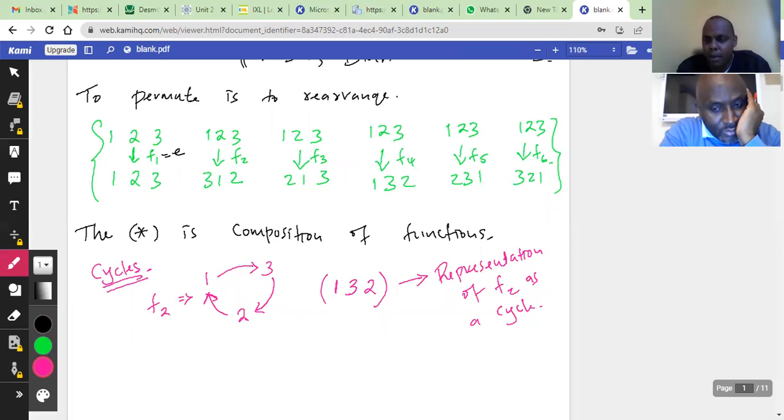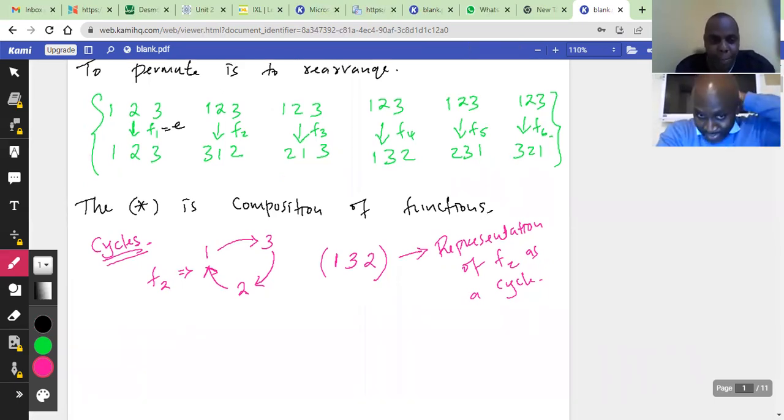Can you think of it this way? Think of this cycle 3, 2, 1. Is it not the same cycle?